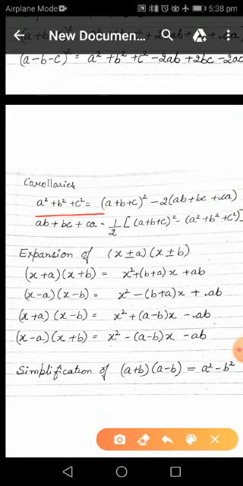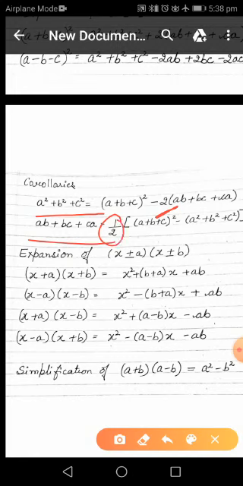Shifting twice of ab, bc, ca to the other side, I can get the value of a square plus b square plus c square. Similarly, if I wish to find ab plus bc plus ca, I'll shift a square plus b square plus c square to the other side, and the 2 which was in multiplication comes in division over here.